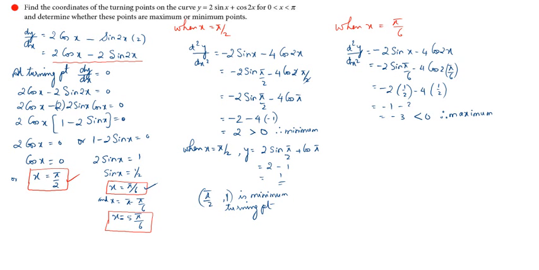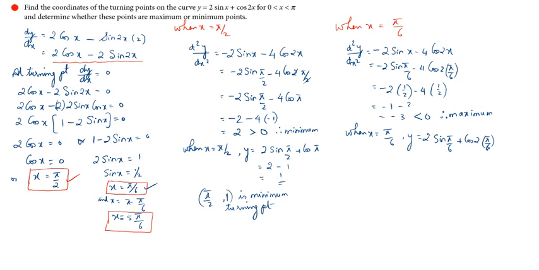Now we are going to find the y coordinate. When x is equal to pi by 6, y is equal to 2 sine pi by 6 plus cos 2 into pi by 6.